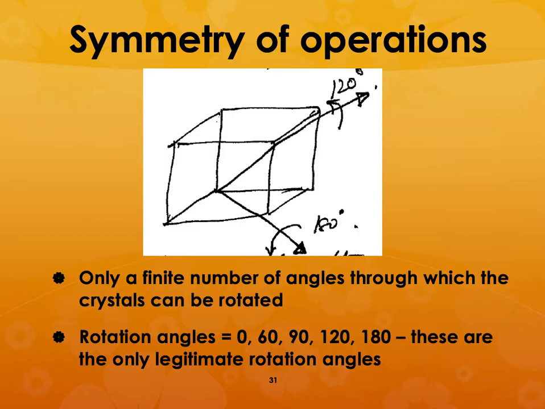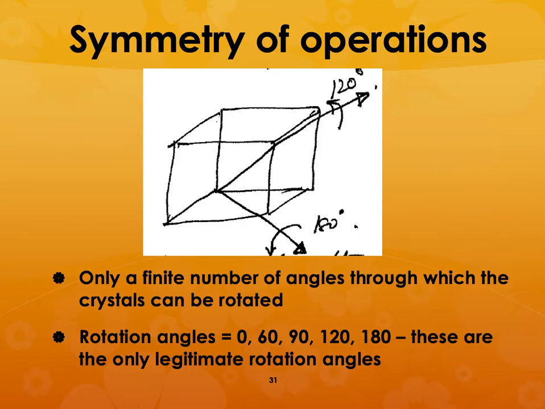So in this case, for a cubic lattice, you only have a finite number of angles through which the crystals can be rotated. Those rotation angles are 0, 60, 90, 120, 180, because it has to come back to 360. If you don't have that, it will be difficult.